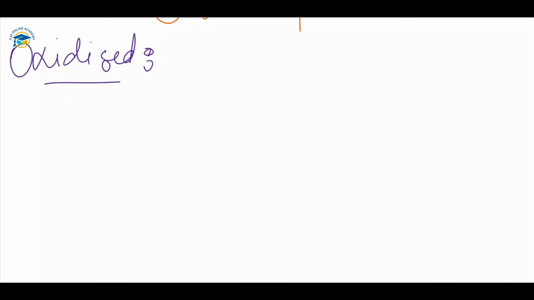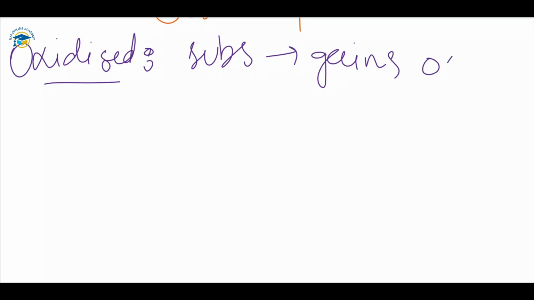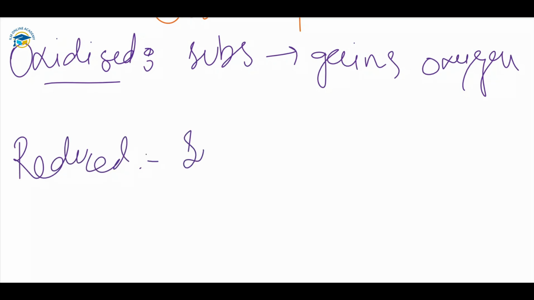So oxidized is a substance that gains oxygen. You can also call it the loss of electrons, and reduced is that substance that loses oxygen.